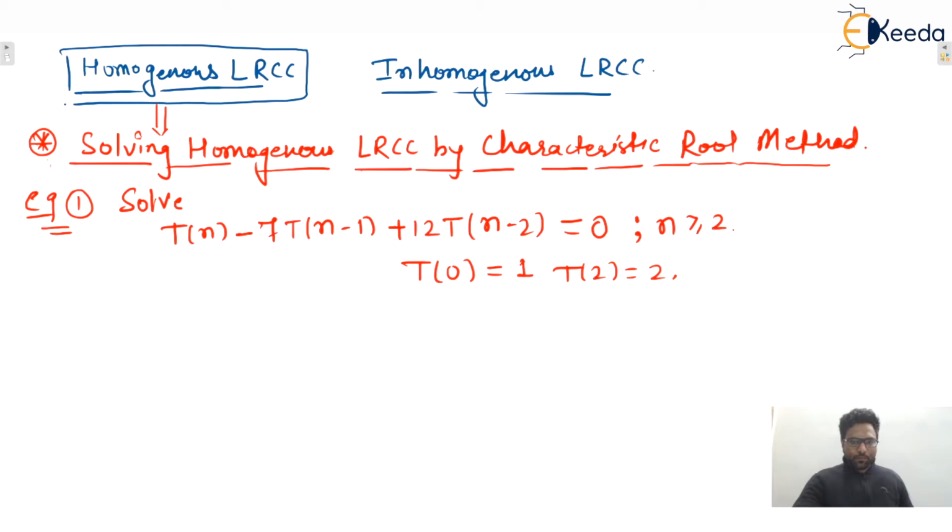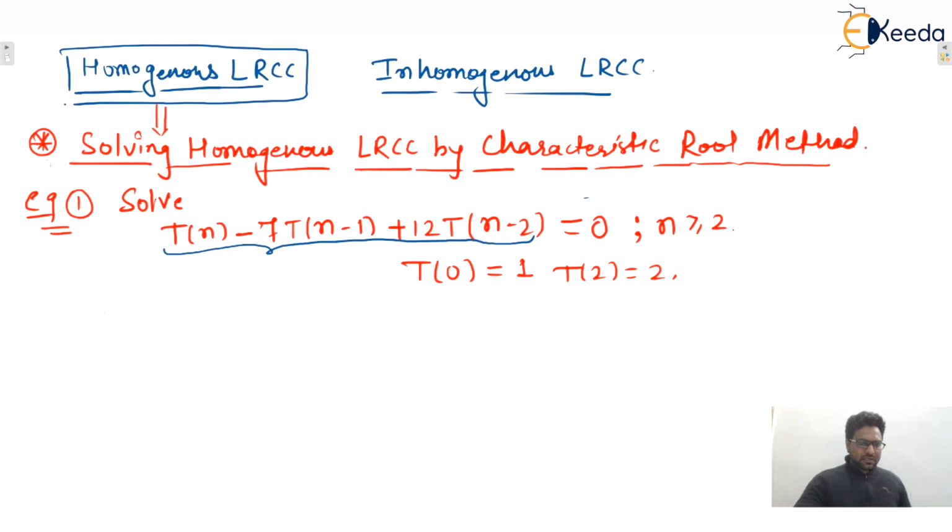Now remember, all the recursive terms are in the left hand side, and in the RHS it is 0, so that is homogeneous, as well as it is LRCC, linear as well as constant coefficient.